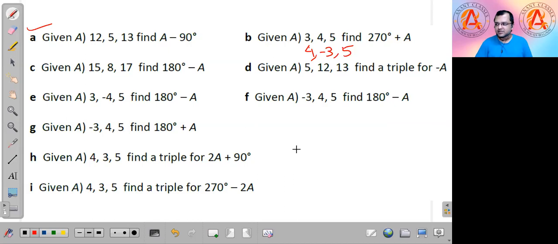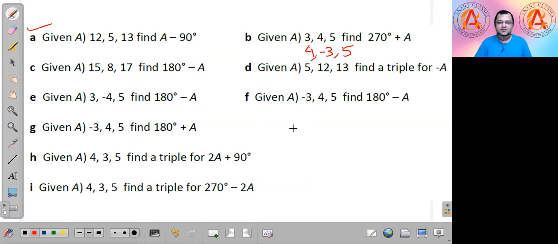Then number C answer. Number C answer should be minus 15, 8.